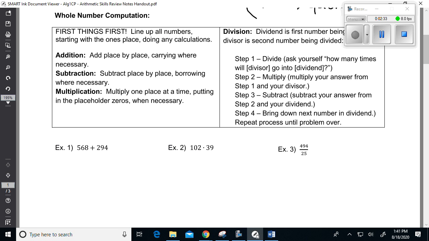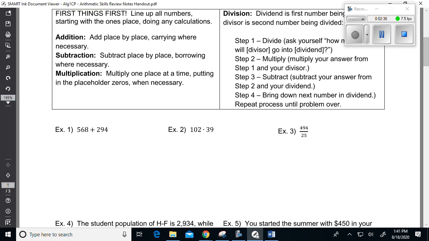So let's start with example 1. 568 plus 294. So we're adding. Set the numbers on top of each other, and then you're just adding. 8 plus 4, 12. 1 plus 6, 7. Plus 9, 16. 1 plus 5, 6.